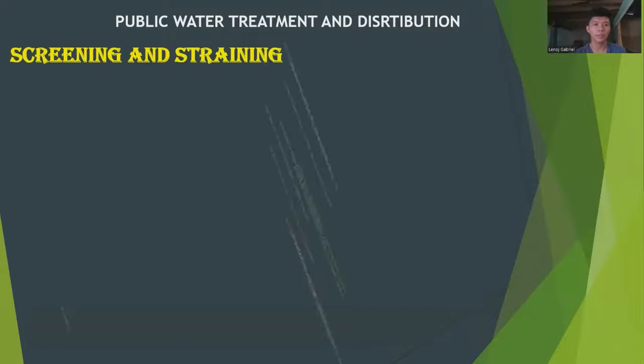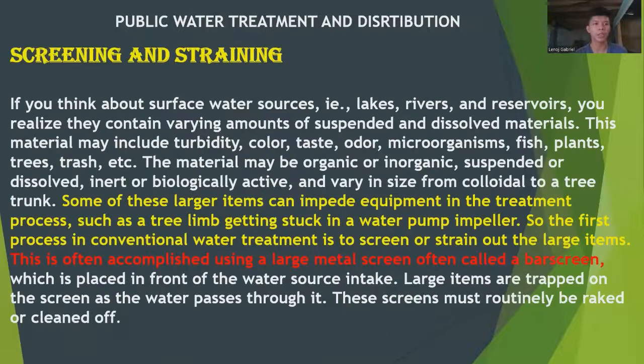So, next is screening and straining. From the words screening and straining, basahin muna natin. If you think about surface water sources, lakes, rivers, and reservoirs, you realize they contain varying amounts of suspended and dissolved materials.